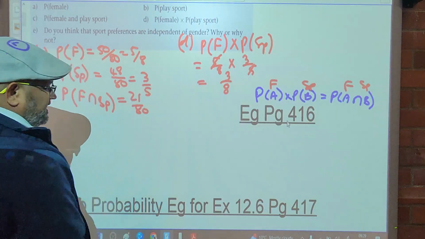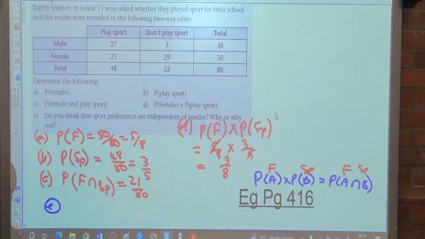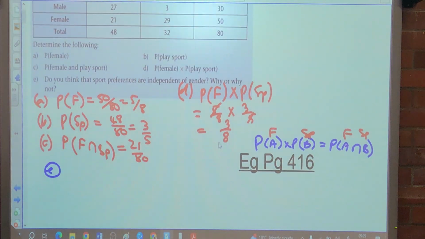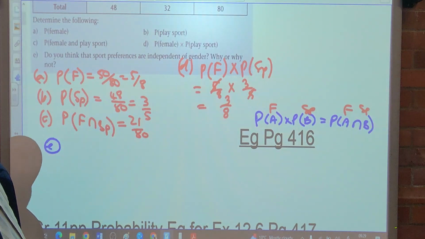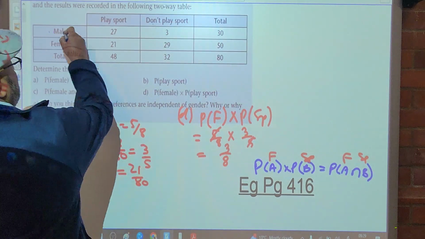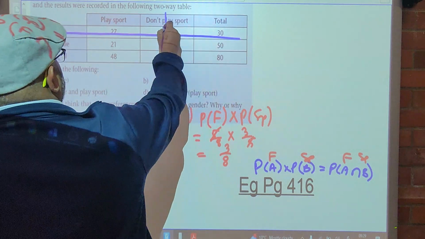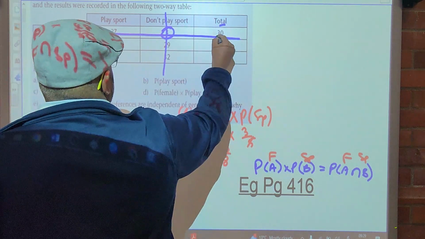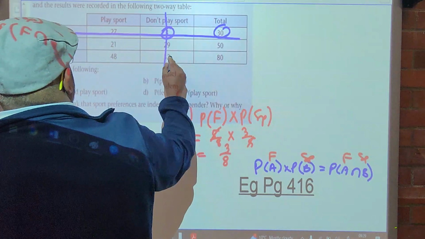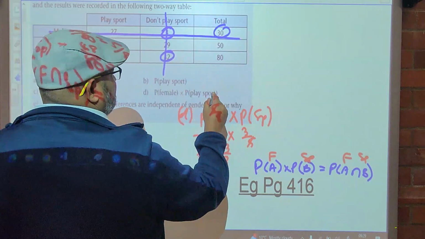Now, if you look at the previous example, if we managed to prove that that was independent events, not so. So if we go with male and play sport or do not play sport, which is 3 out of 50, and then we work out the probability of male, which is 30 out of 80, and don't play sport is going to be 32 out of 80.